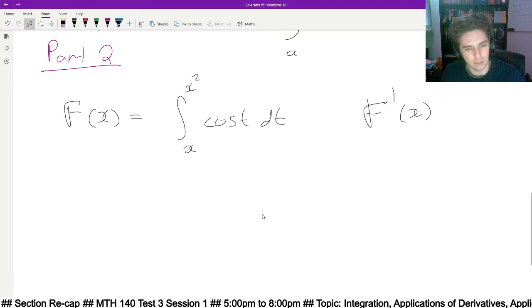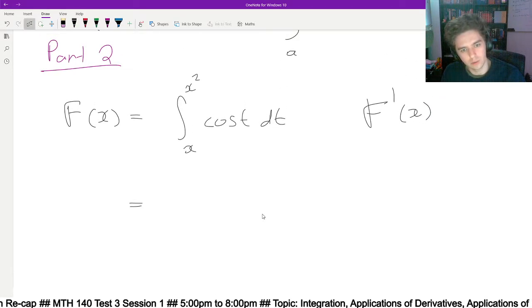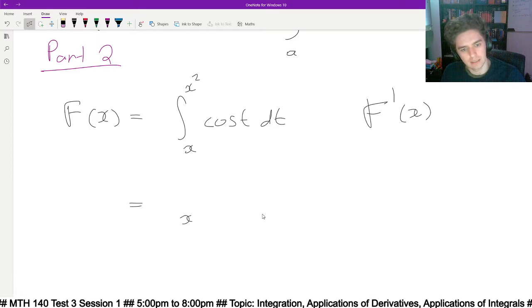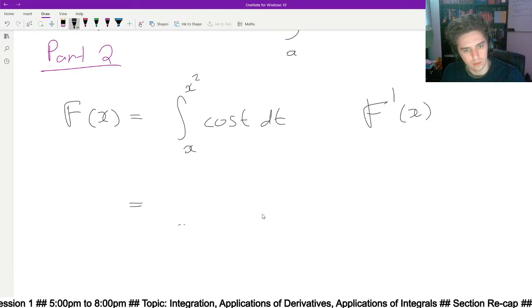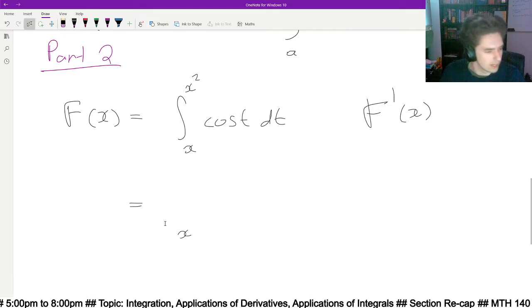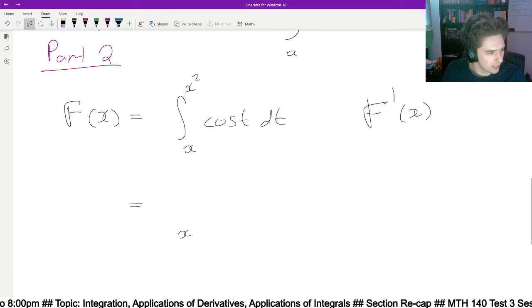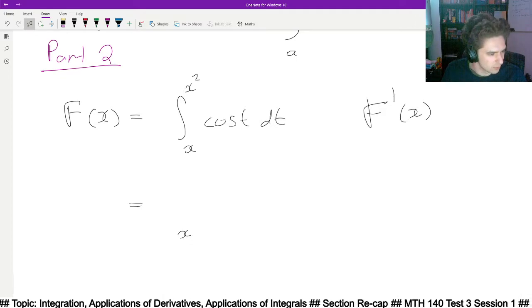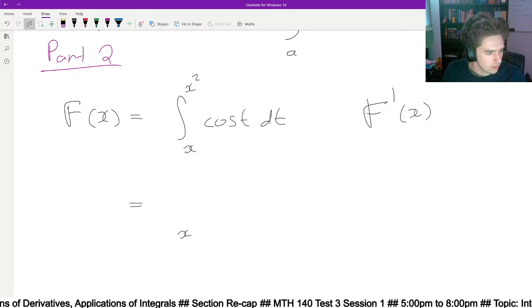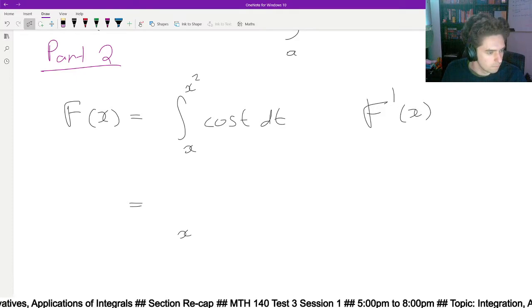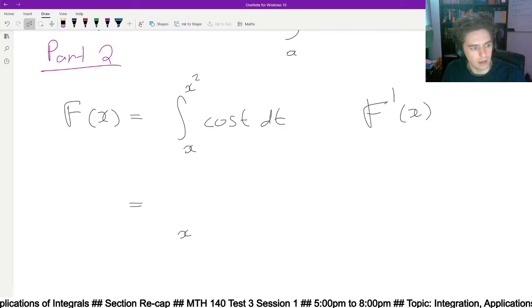We can split this integral up. Let me make sure I do this right. I'm trying to copy the one from before. Yeah, okay.